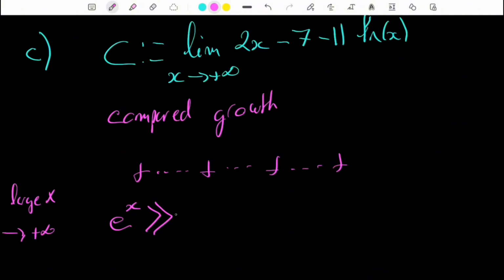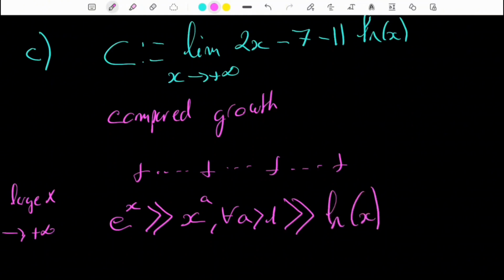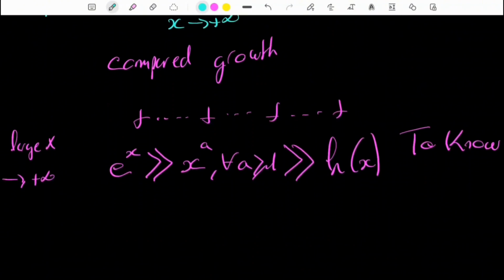Exponential of x is greater than any power of x^a for all a strictly superior to 1, and this is larger than ln of x. Okay, so you need to know this kind of thing perfectly, because we will solve this problem really easily.